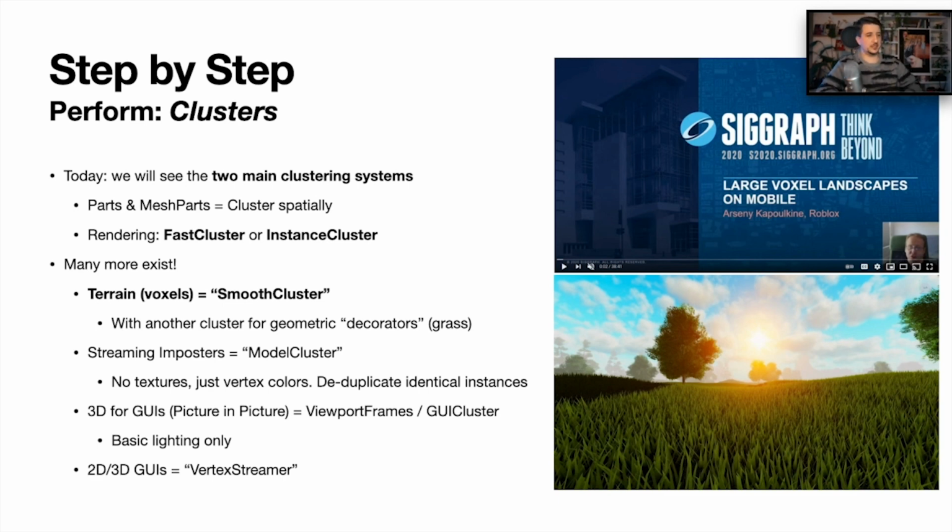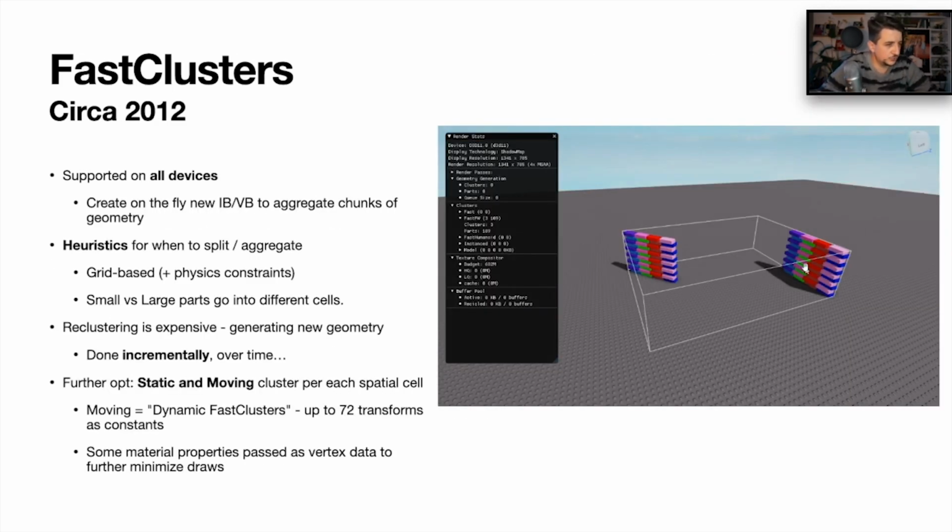All right, so let's start with our FastClusters. This is a system that was made around 2012. And this was done around the same time as when we switched out of Augur to our own rendering system. And interestingly enough, Augur was not even our first renderer, so we are on the third rendering engine change in Roblox.